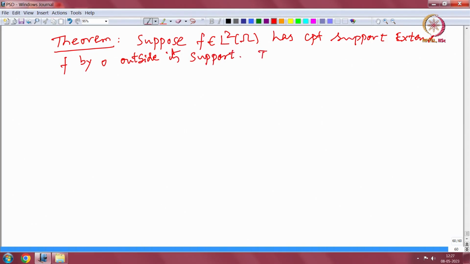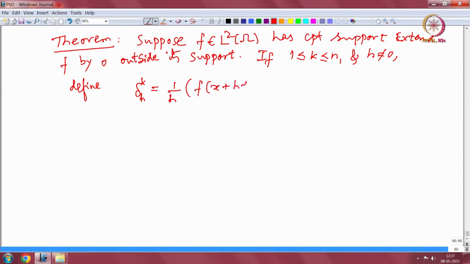If 1 is less than or equal to k less than or equal to n and h is not 0, define these finite differences: del_h^k f(x) = 1/h (f(x + h e_k) - f(x)). e_1, e_2, ..., e_n are standard unit vectors in R^n.